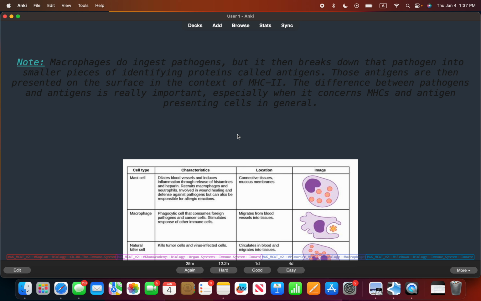So it is antigens that are on the MHC, but pathogens are microbes or viruses that the macrophages ingest, and they ingest their antigens.